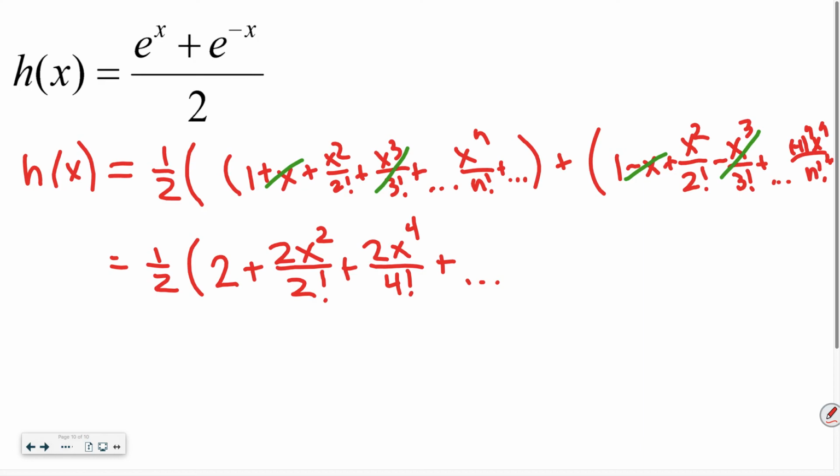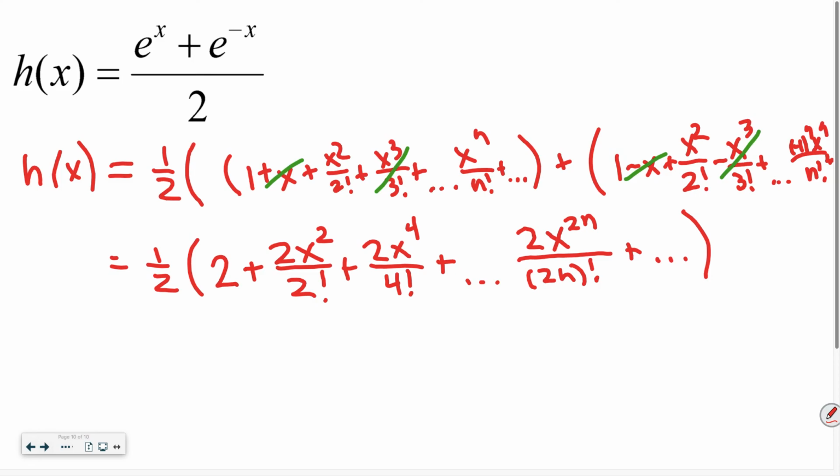But what's happening inside of our parentheses? We have 2x to the 2n over 2n factorial. We have all the even powers with the even factorials multiplied by 2.